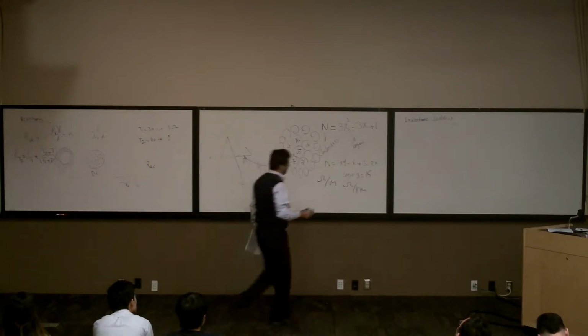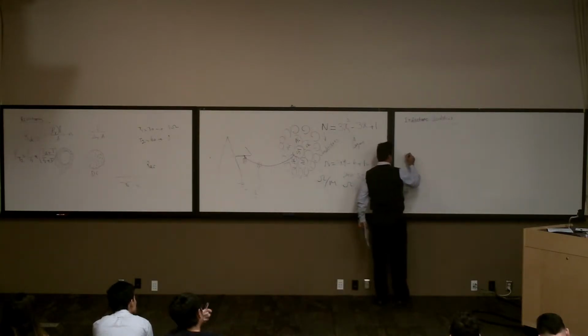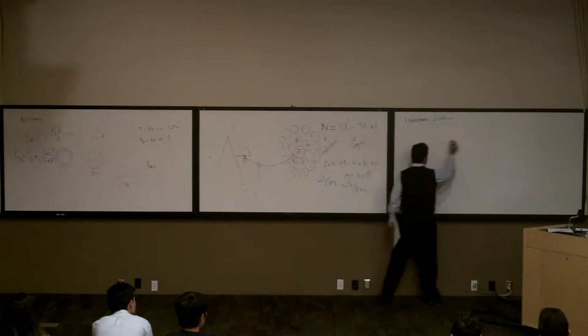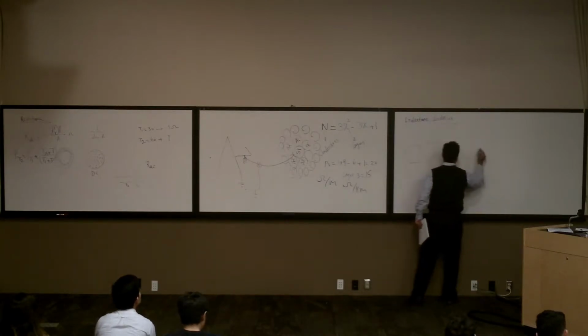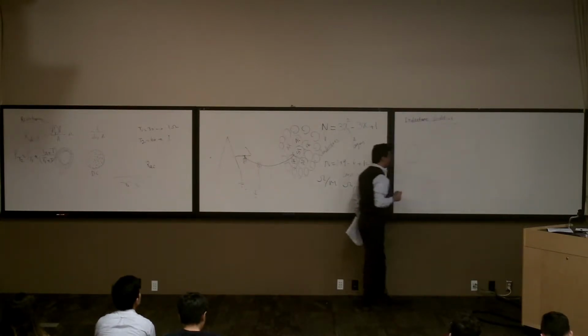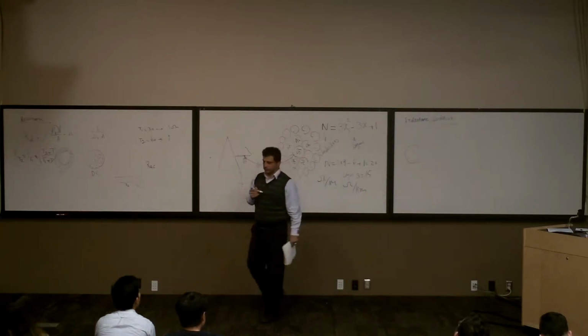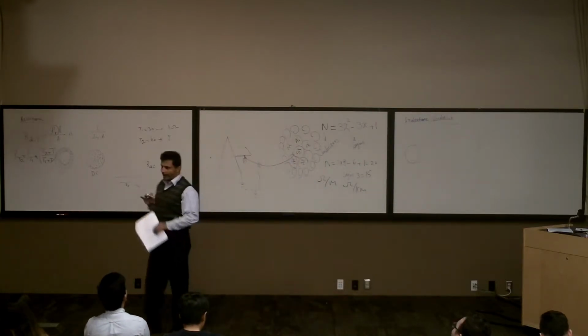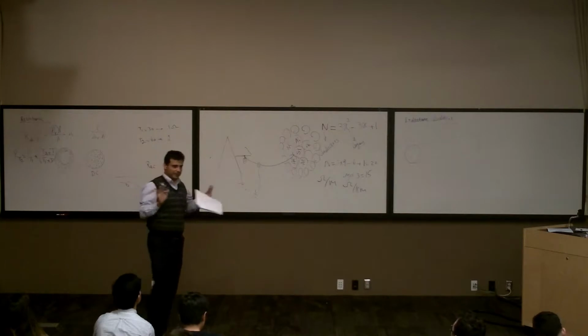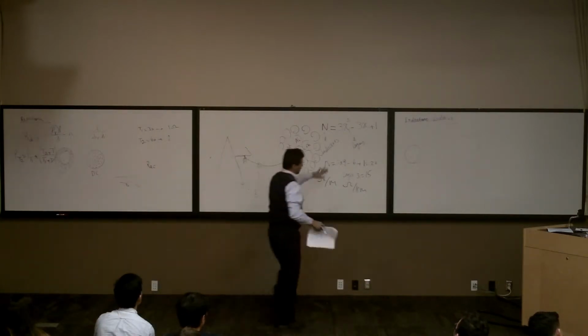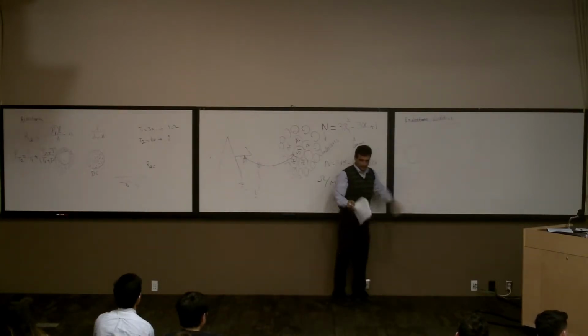So let's say I have a conductor like this. And there is a current going through this conductor, and I assume the current is evenly distributed around this area, on this surface.